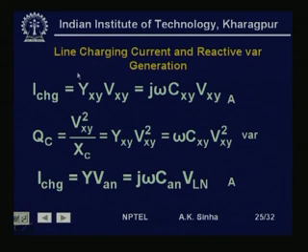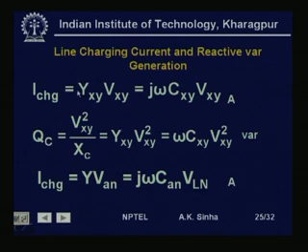Now, from these capacitances we can find out the admittance. Admittance will be equal to 2πf into C, that is, Y will be equal to j omega C. So, we can find out the admittance between the phase conductor and the neutral or the ground.